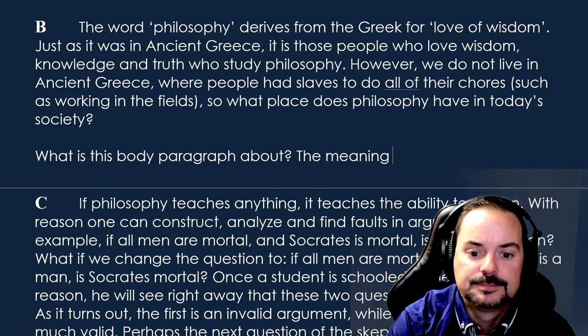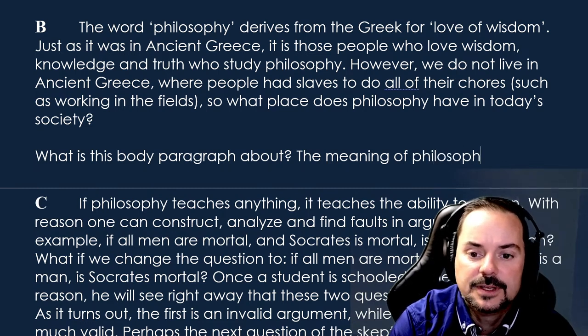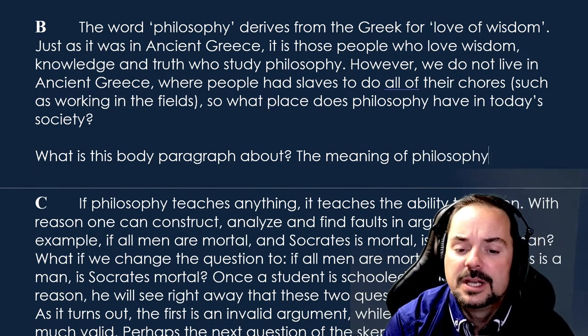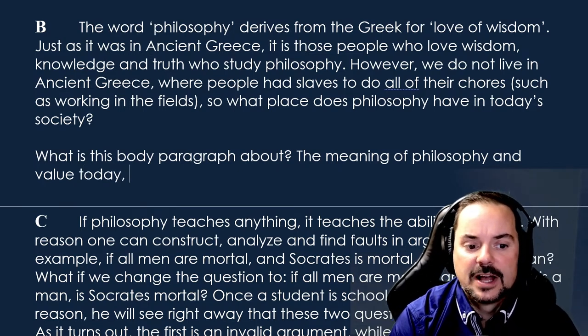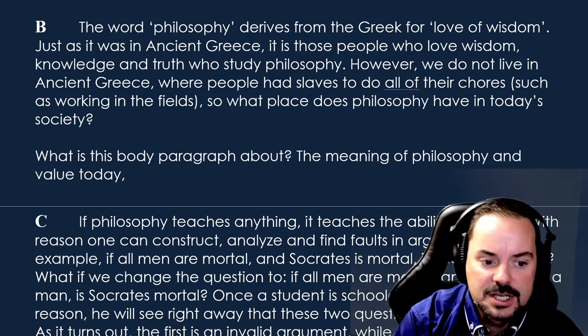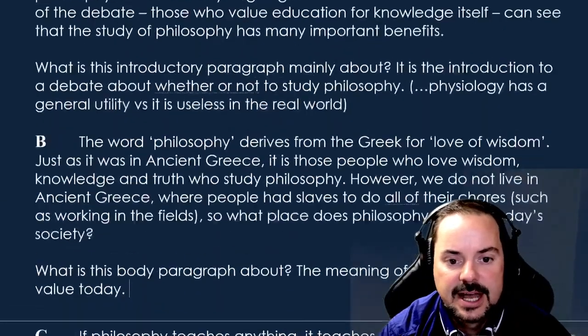Very good. Love and wisdom, maybe. Yeah, meaning of philosophy. So keep it simple, right? That's the key here. The meaning of philosophy and value today, right? So at the end it says, what value does philosophy have today? So the meaning of philosophy and the value it has today. That's what this paragraph is asking about, right?